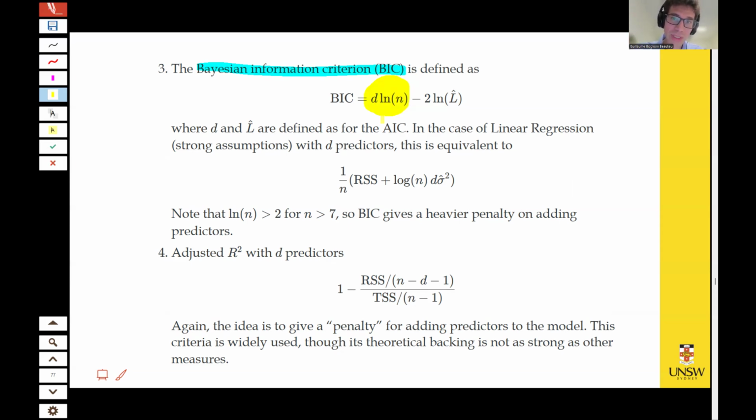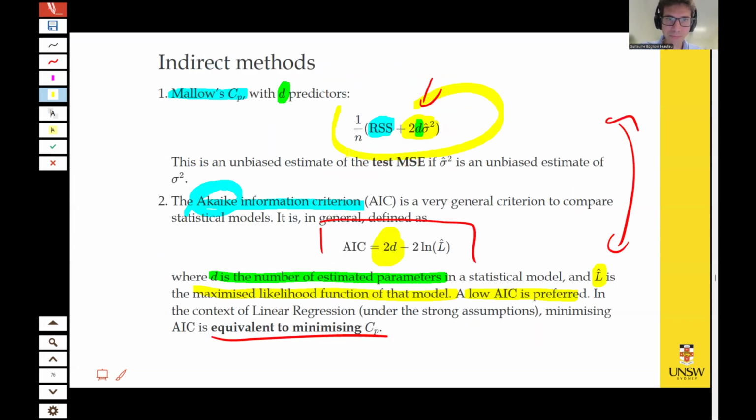In a sense, you could say this is a criterion that penalizes more having more parameters in the model, because this part is exactly the same, minus 2 ln likelihood. Now, in the case of linear regression, this general criterion reduces to the following formula, which is quite analogous to the one we had here for the Mallows Cp.